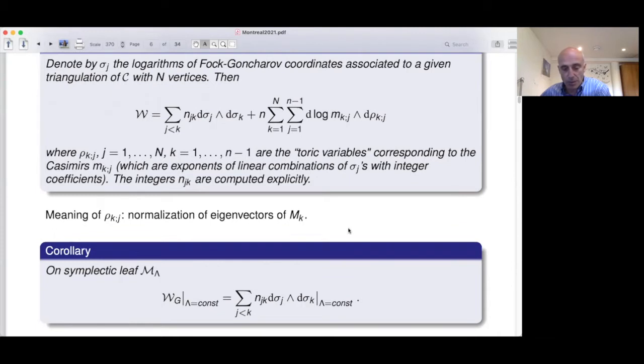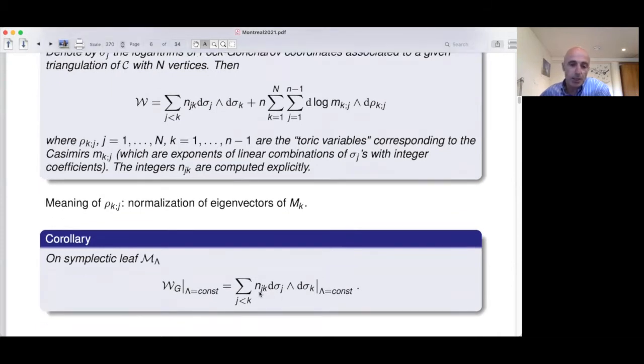The statement looks easy. The computation of the n's is not so easy, but what we needed is that this object and that object can be very efficiently integrated explicitly. You just take, for example, the sum, forget about this d, and this is the symplectic potential.